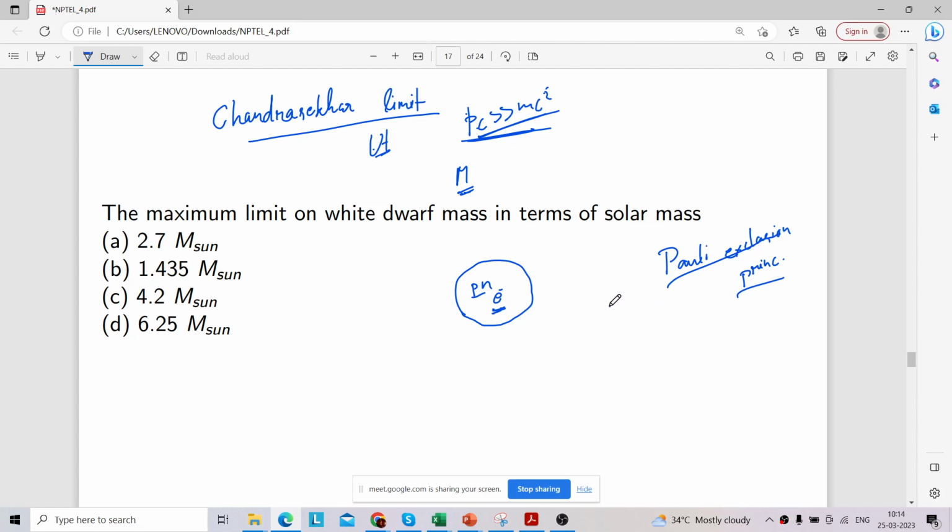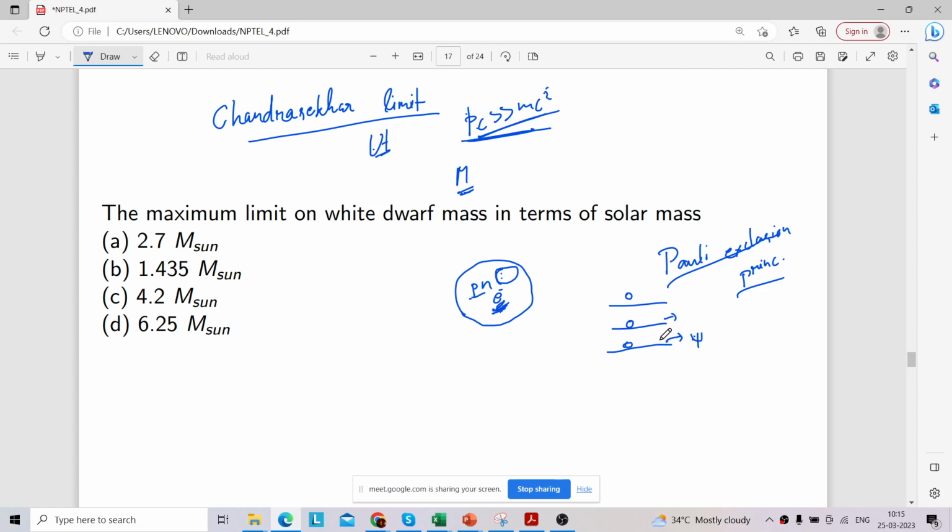What does that mean? One state can be occupied by only one electron. Inside a star there are many electrons. Let's assume the fermions as electrons, similarly you can assume protons and neutrons also. So these electrons will occupy some energy levels and they will obey the Pauli exclusion principle.